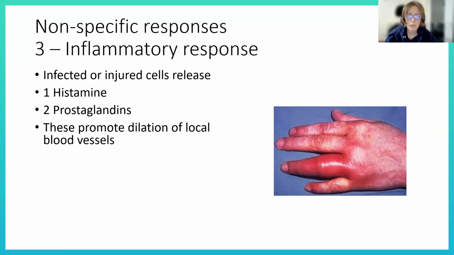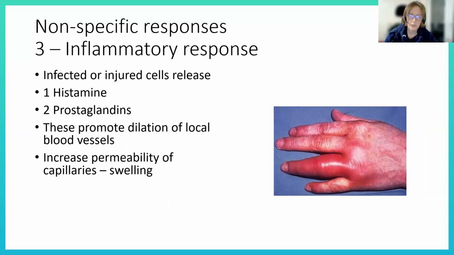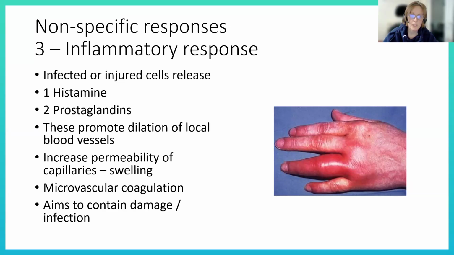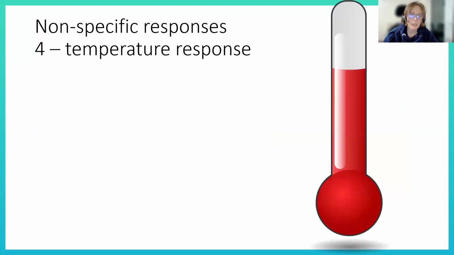What these do is promote dilation, so expansion of local blood vessels, so they open up, and that allows more blood to swell in, and it also increases the permeability of the capillaries, so more fluid can swell into the tissues as well. What this hopes to do is contain the damage or the infection to a specific area. It also can be really painful.